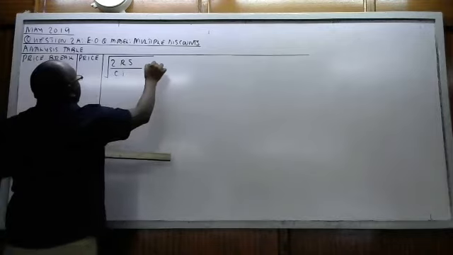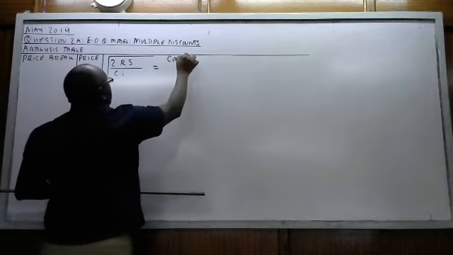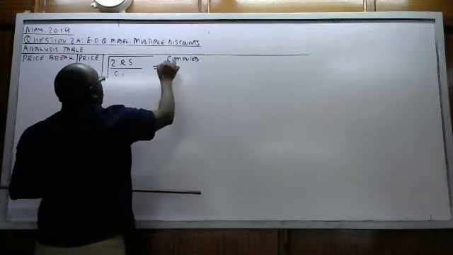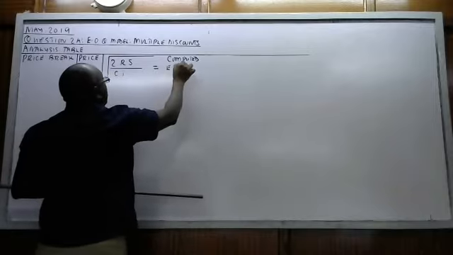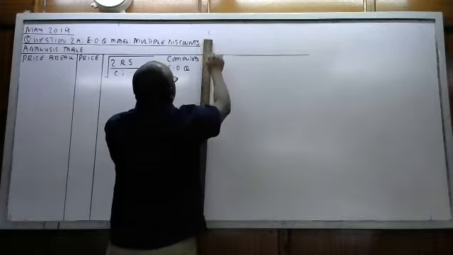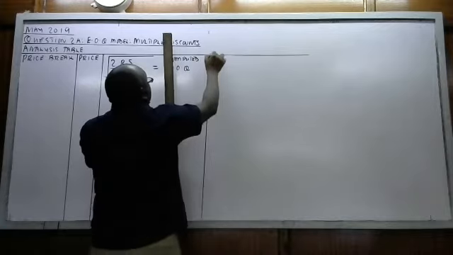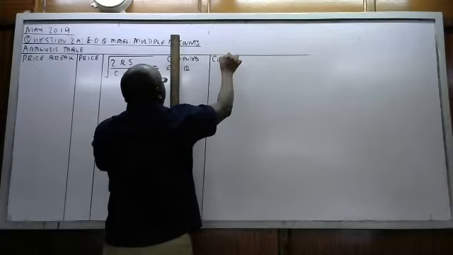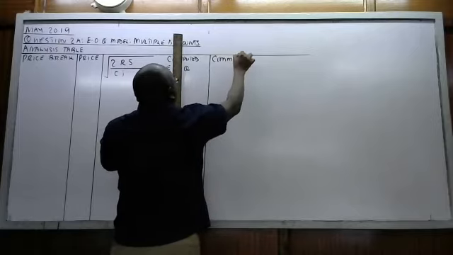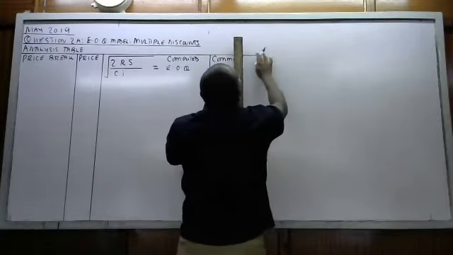Now, what you get here, we call it computed EOQ. And the last column, we call it comments. This one does not have many things.